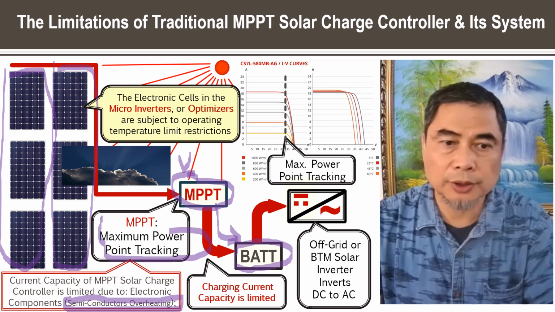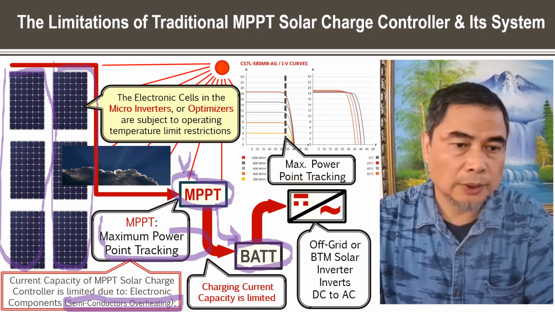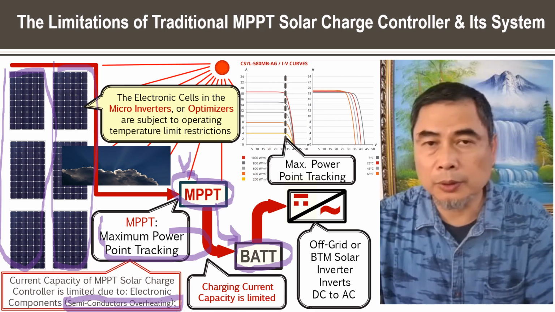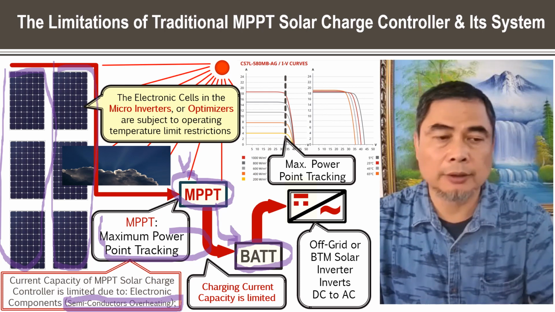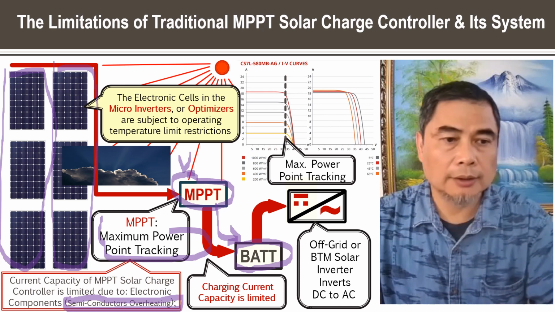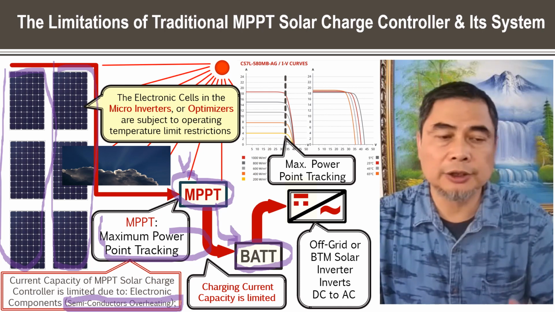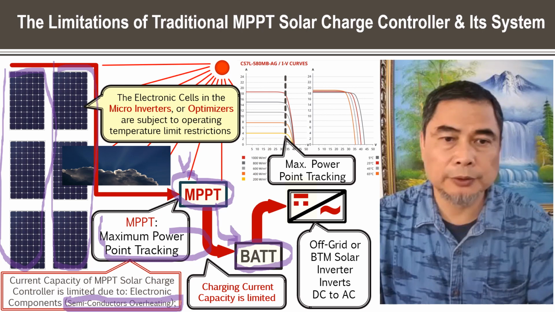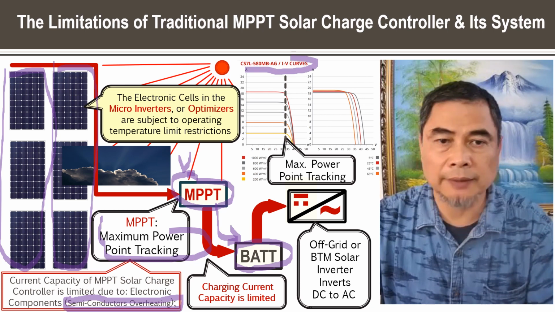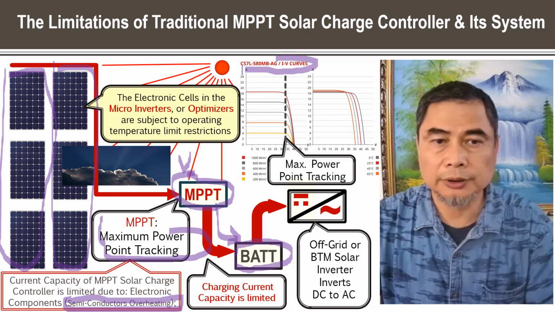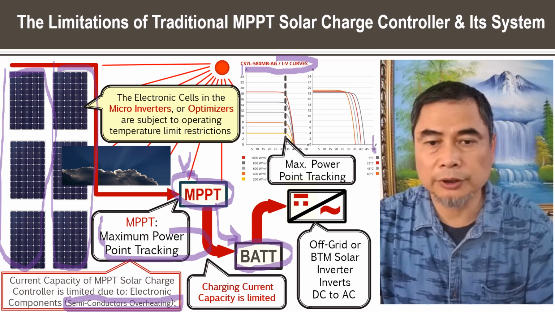Why do they need to track that? As you can see, when a cloud is moving over and covers one of the panels, or there is shading on one of the panels, the solar irradiance condition will change. If you find the manufacturer's IV curve, here is the current, this line here, and then voltage, this line.